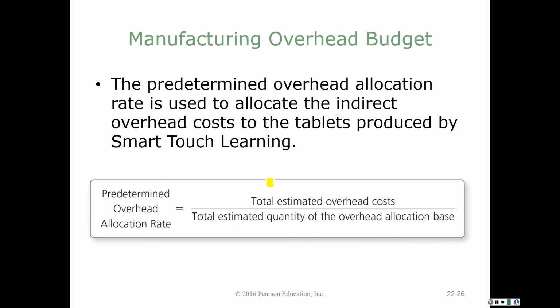The last thing that I need is manufacturing overhead. So if we can remember from our prior sessions, overhead is allocated using some type of predetermined overhead allocation rate. And how did we come up with that? Remember, and this is what we're doing in our budget right now, we're estimating what we think our total overhead costs are going to be, and then we divide that by some type of overhead allocation base or driver.